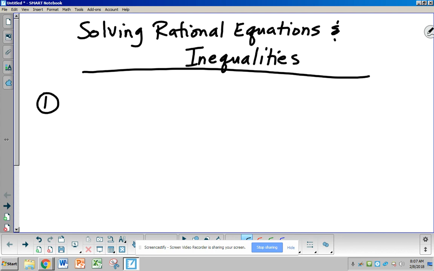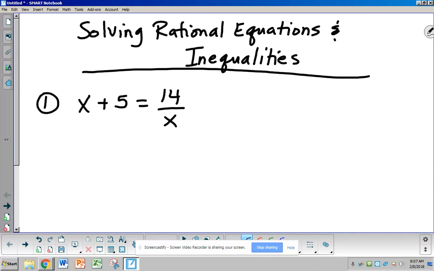So let's say we have x plus 5 equals 14 over x. What makes this a rational equation is that I have a rational function on the right, which means I have an x in the denominator. Typically I find a common denominator, and in this case that would be x, very simply.